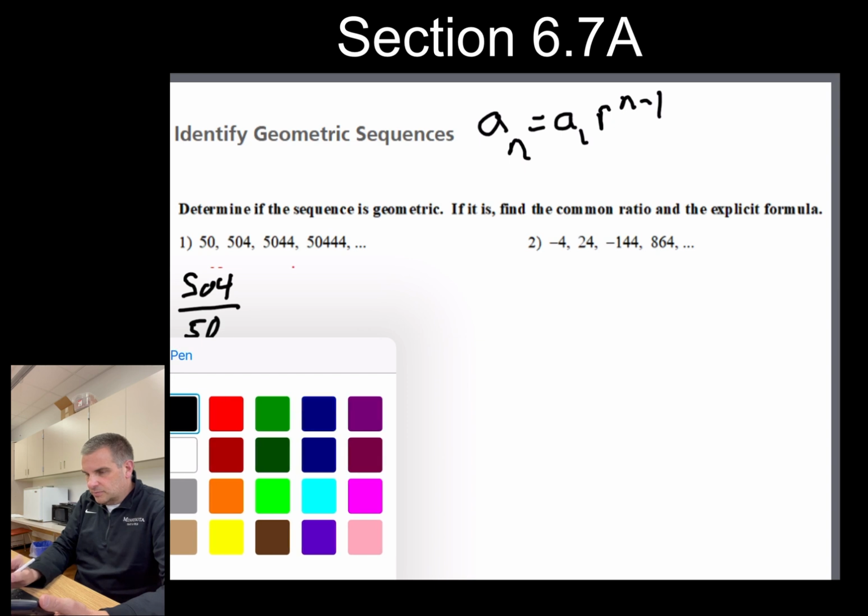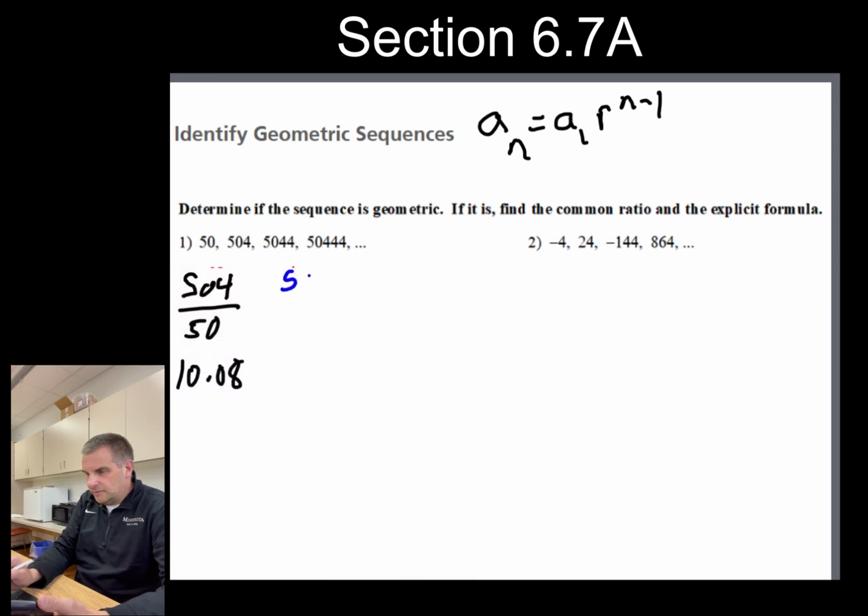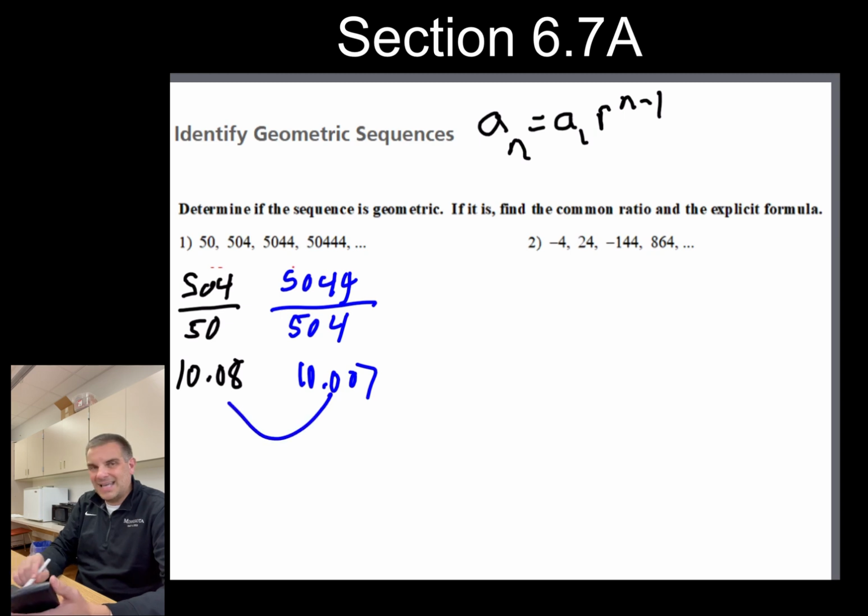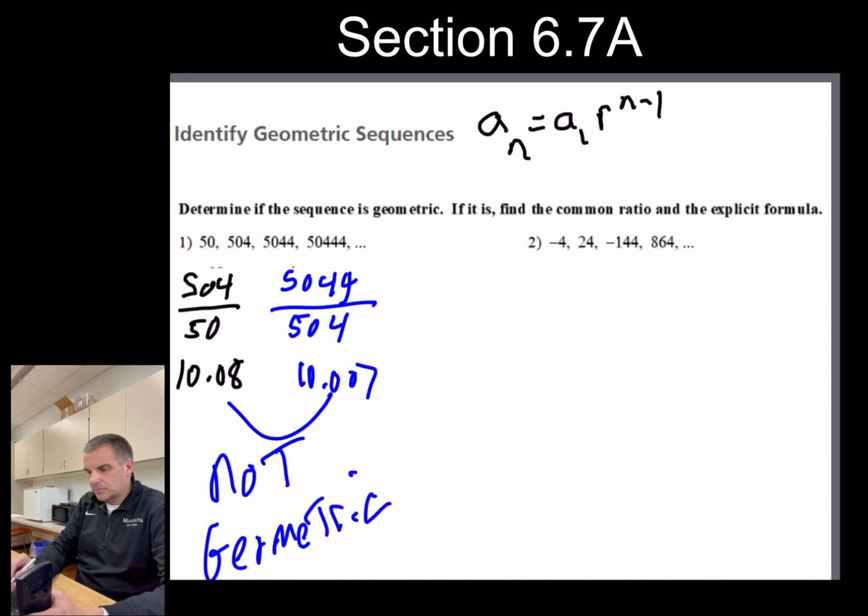If I do the next one, 5044 divided by 504, that's 10.007. That's not the same. So since it's not the same, these are not geometric. And you're done. If it's not geometric, you can't write an explicit formula for it. You're done.